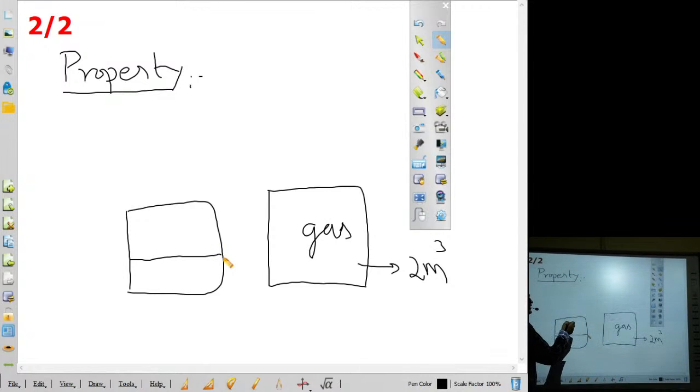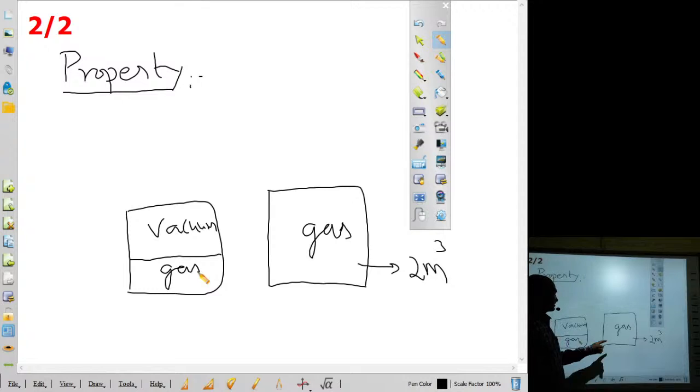So this is vacant, gap, vacuum. So the remaining will only be gas. So the first question is, in the vessel, how much gas is there? 2 meter cube. Okay. So volume is there for the gas. Now a lot of gas is removed. Some gas is still there. What is the volume? 0.5 meter cube.